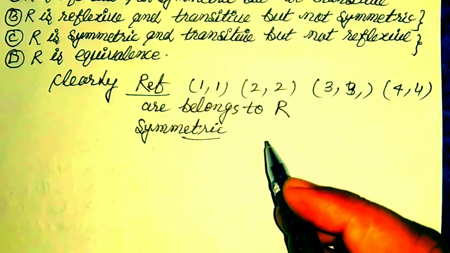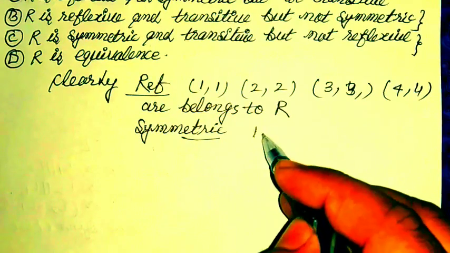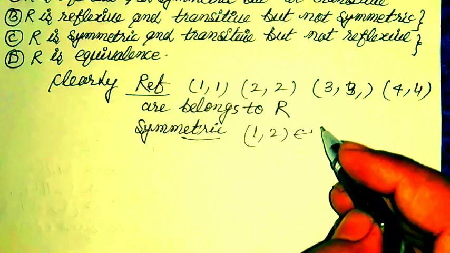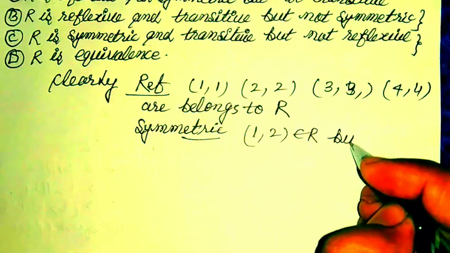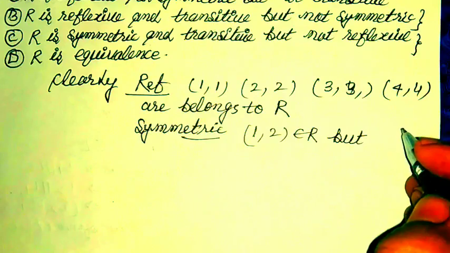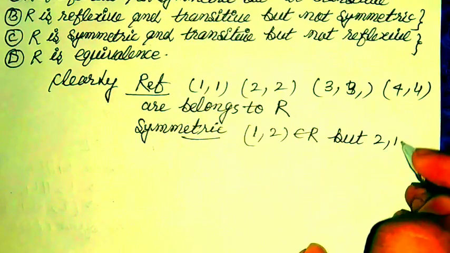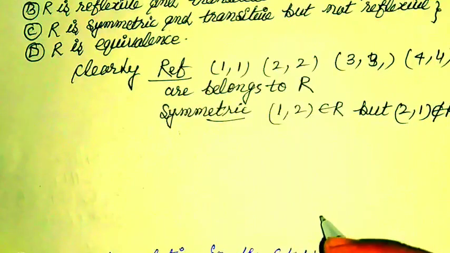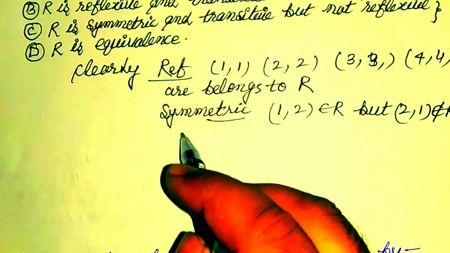For (1,2) there is no need to write it, but for understanding I will tell you that (2,1) does not belong to R. So we can say the B part is correct here.